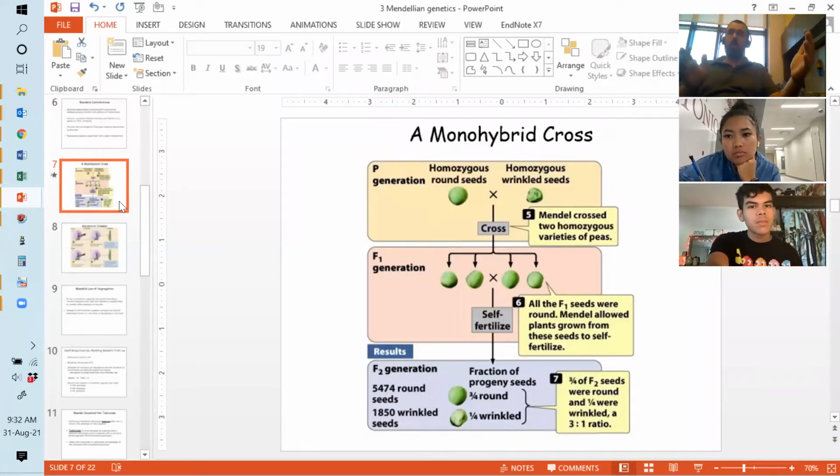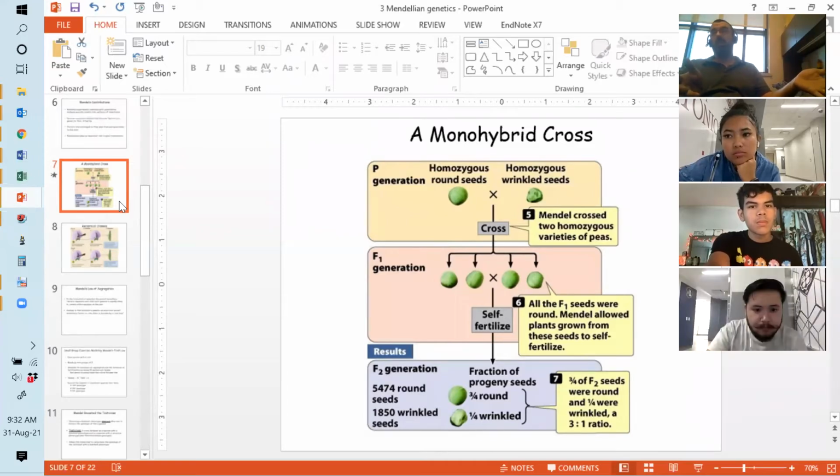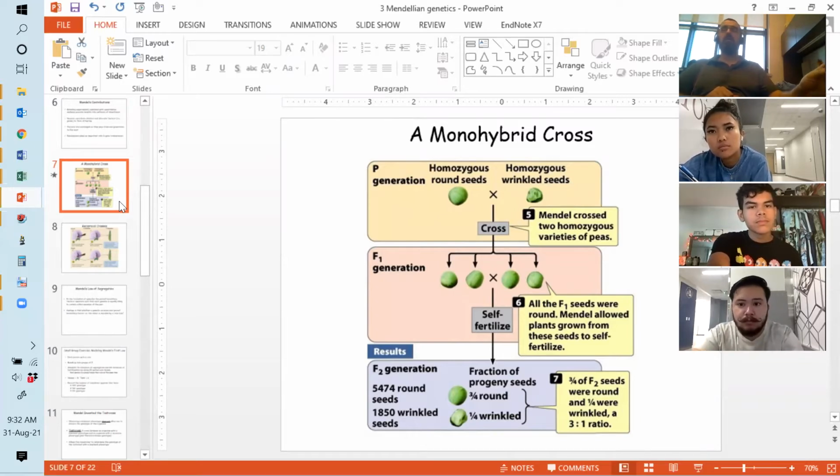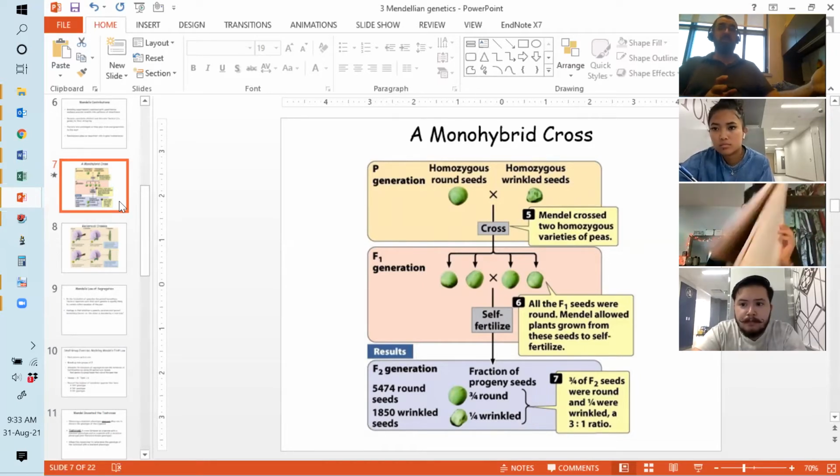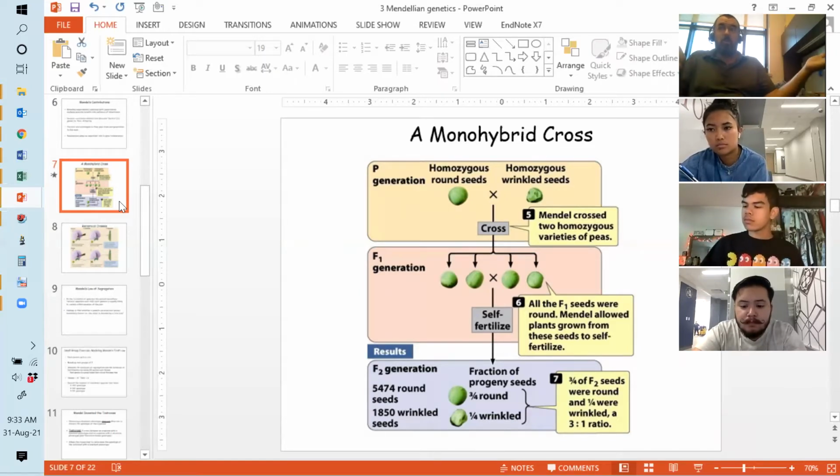And also always remember or think about what gametes can you get from each parent in that generation, right? That's really the key to understanding how to do these types of crosses. Because as soon as you get that, it's straightforward. You just add them together and then you get the next generation. Okay, so keep that in mind.